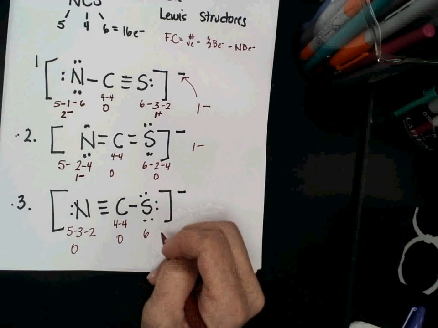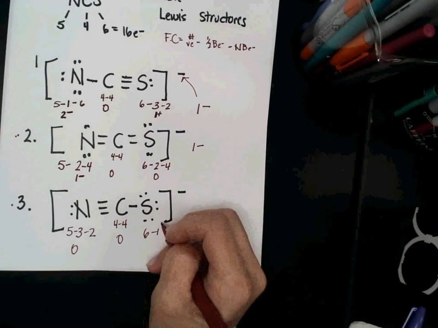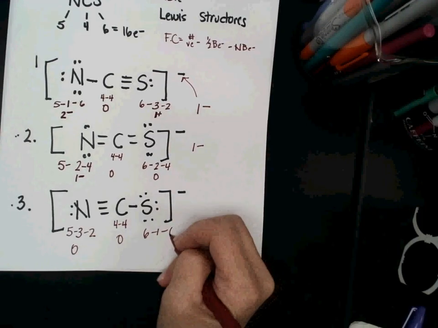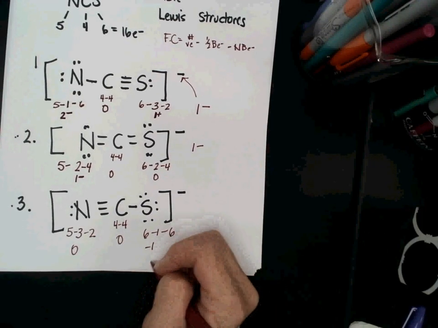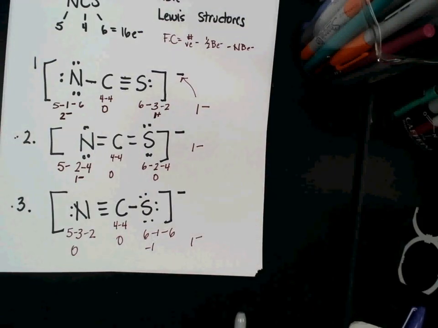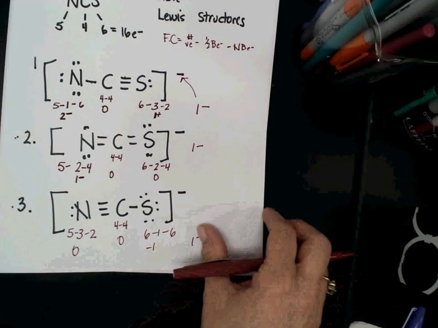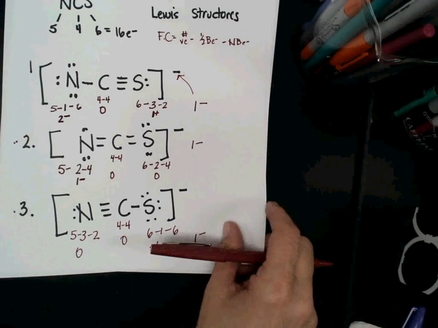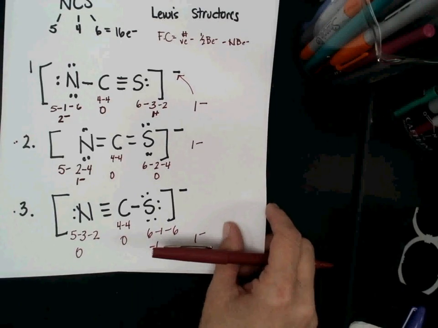Sulfur, I've got 6 minus 1 minus 6, so that's a 1 minus, so overall I have another charge of 1 minus. That doesn't help us a whole lot, does it? Now how am I going to figure out what's the dominant structure? I'm going to have to look at electronegativity and where my charges are.